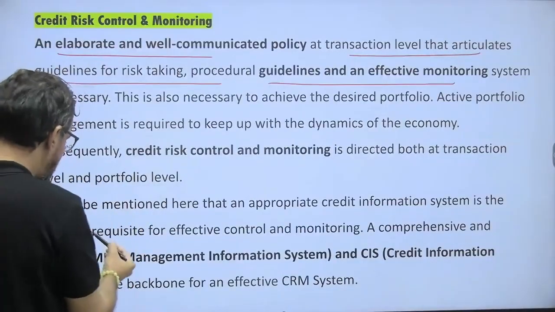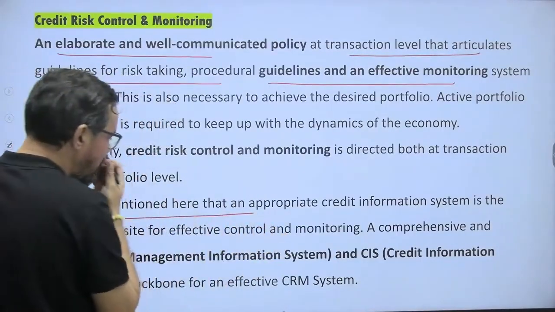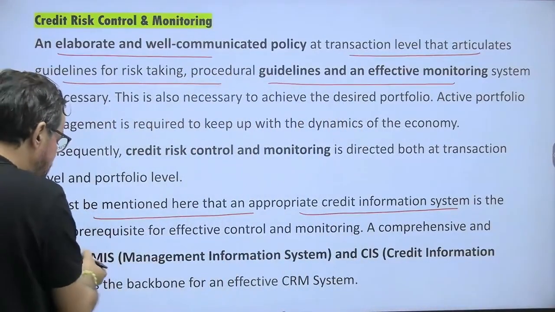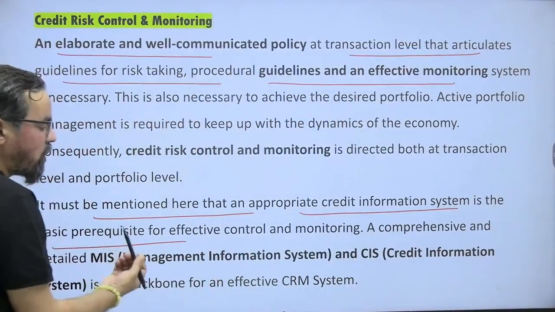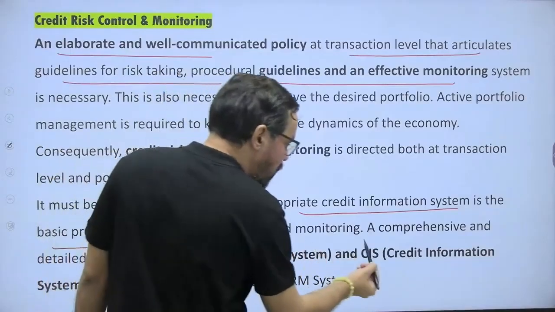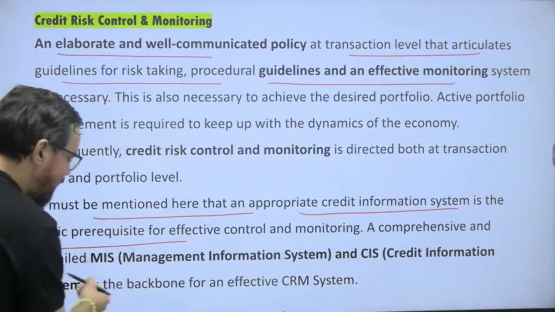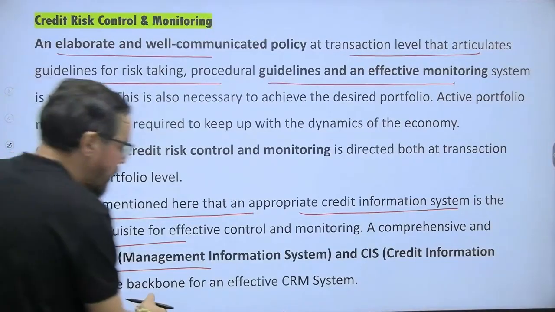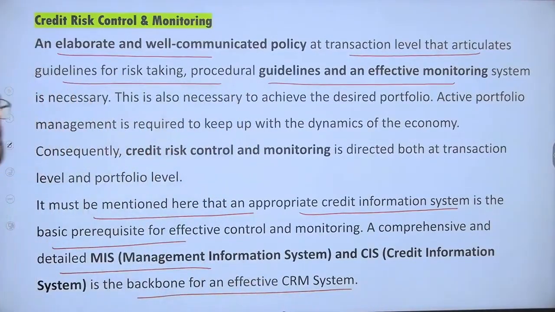The appropriate risk information system is the basic prerequisite for effective control and monitoring. A comprehensive and detailed MIS system and CIS, the credit information system, is the backbone for an effective CRM system, or credit risk management system. Okay?